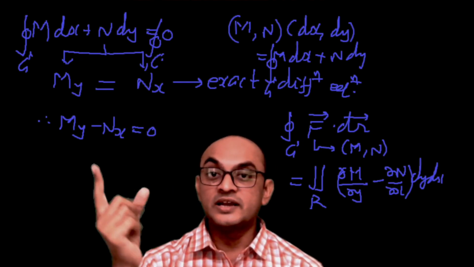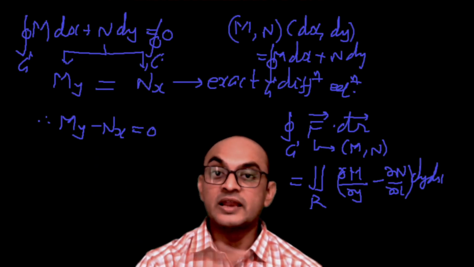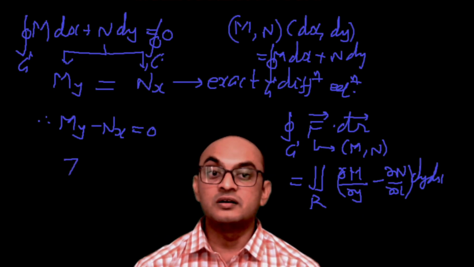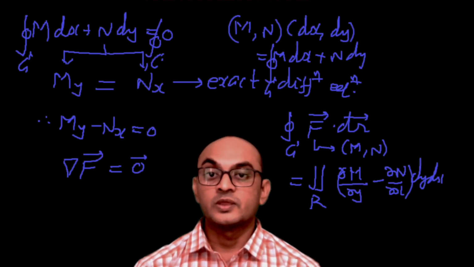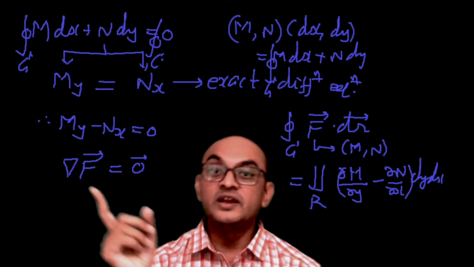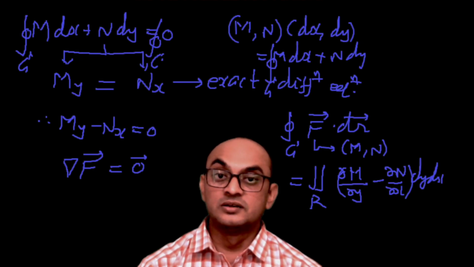Now when I say that ∂M/∂y minus ∂N/∂x equal to 0, that means I am saying that the curl of this vector field is equal to 0.